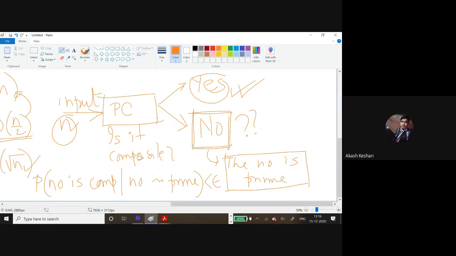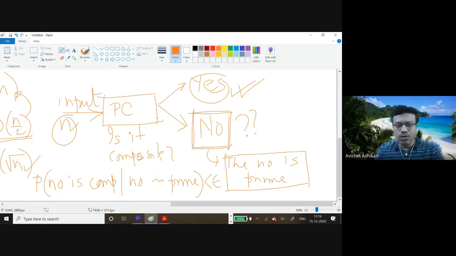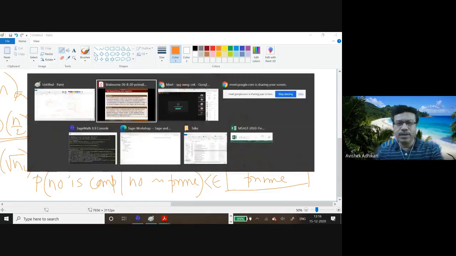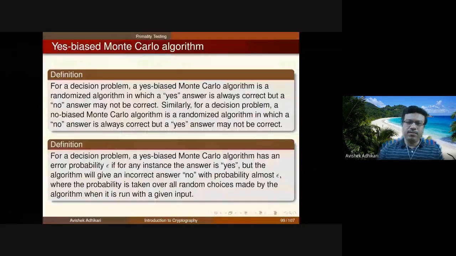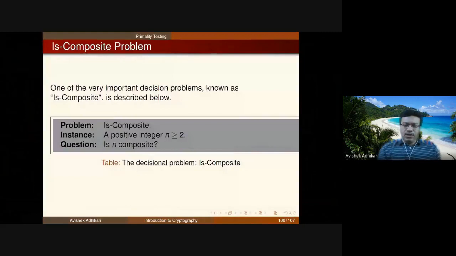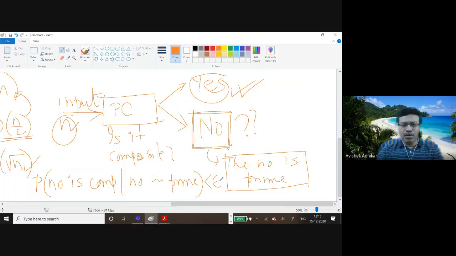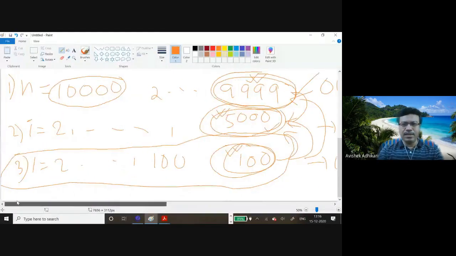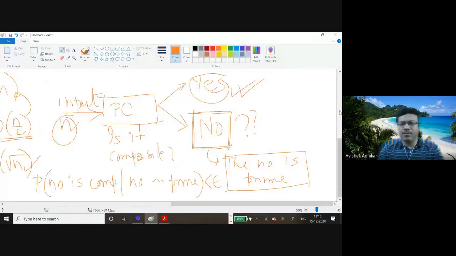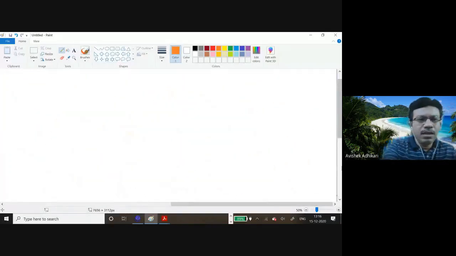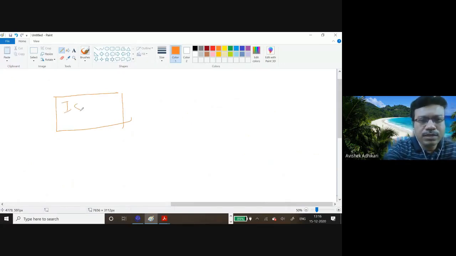Yes, sir. Okay, when I show you the example, it will be a little more clear. So what is our aim? Our aim is to check whether a number is prime or not. Mind that I may also ask the same question to my algorithm: is the number prime?